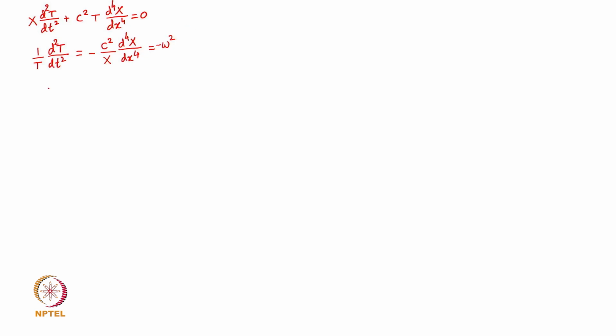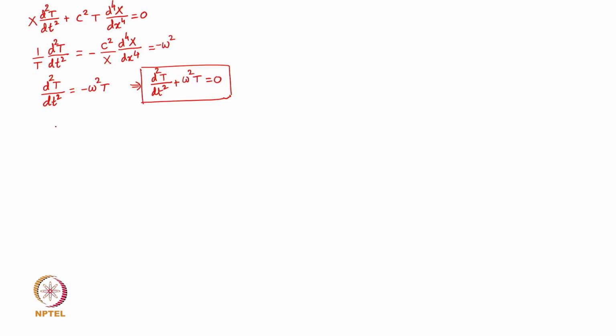So by using this, we already know that I can write the first term, that is d²T/dt² equal to minus omega square T, which actually gives me a familiar form d²T/dt² plus omega square T equal to 0. This is our first equation in time. And what do you get from the second equation?